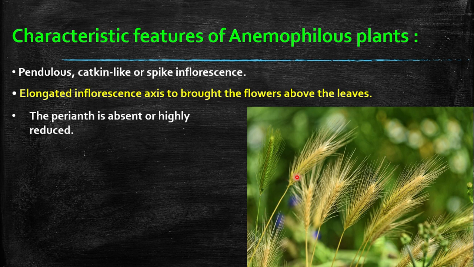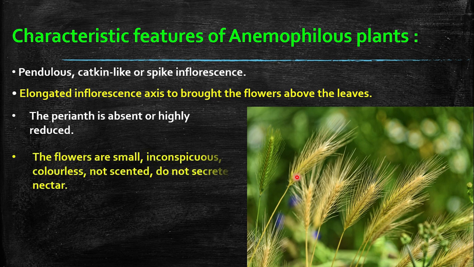Next, the perianth is absent or highly reduced. See, the perianth is not visible in this case. Next, the flowers are small, inconspicuous, colorless, not scented, and do not secrete nectar, because these are not needed for wind pollinated flowers.